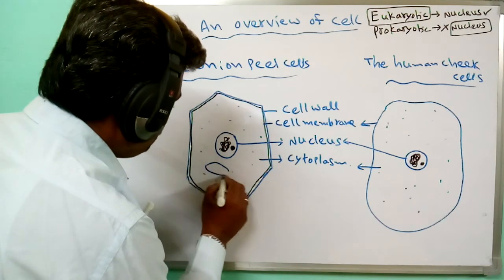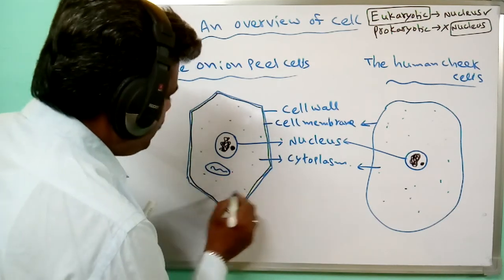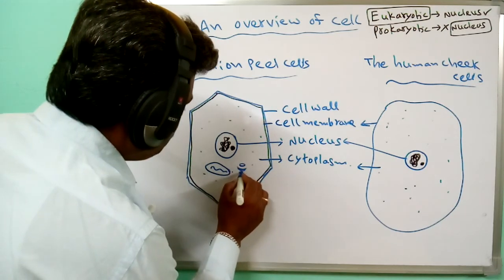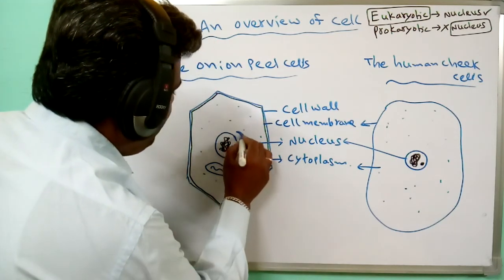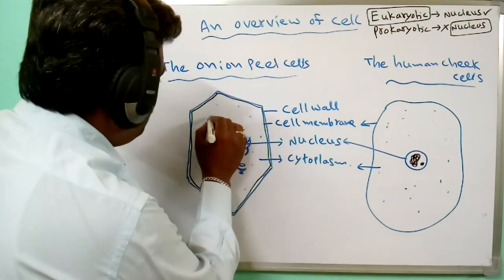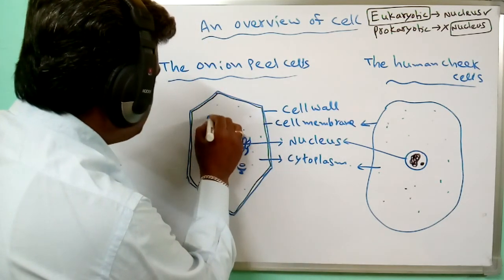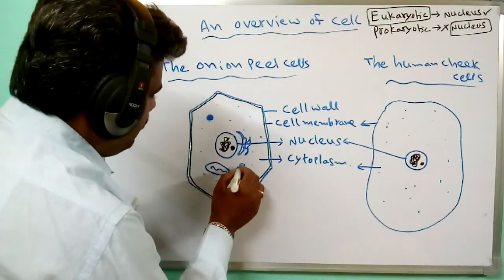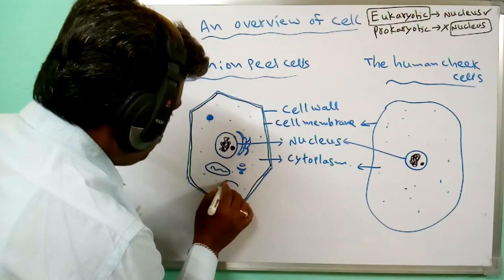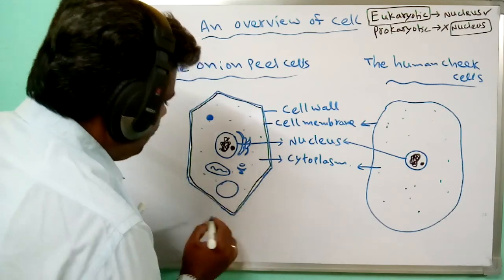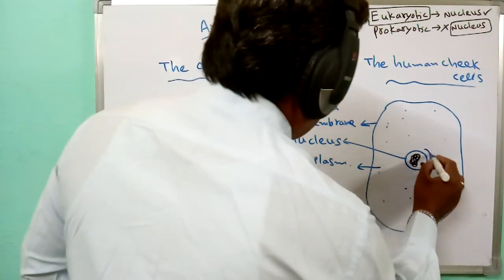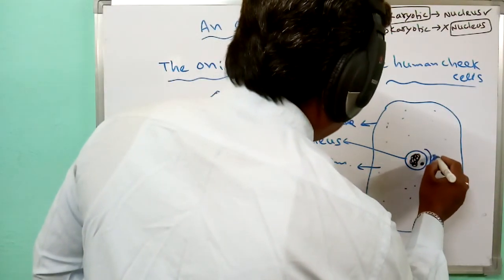Mitochondria, Golgi bodies, endoplasmic reticulum, microbodies, and vacuoles are the major structures present in both cells.